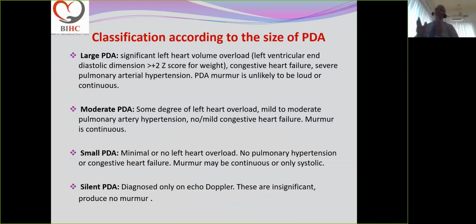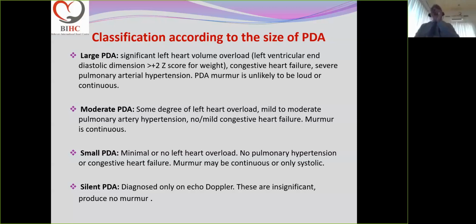PDAs can be classified from a clinical point of view according to the size of the PDA. We can conceptualize them as large, moderate, small, and tiny silent ones. The large PDAs are the ones that cause significant volume overload of the left ventricle. In echocardiographic terms, if you're looking at the left atrial size or the left ventricular size in particular, there are Z-scores for the body surface area.